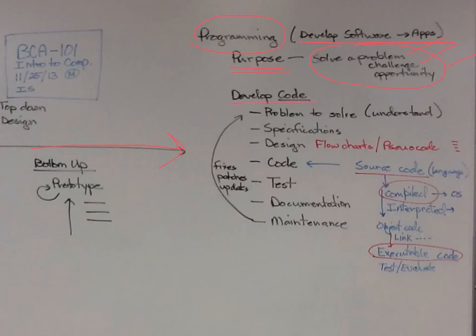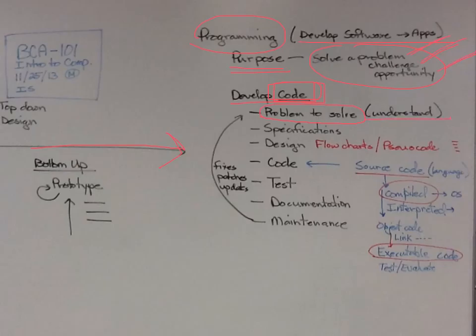So we develop code. Code is what a human writes, and that code then is, later on we're going to talk about, converted into something the computer can use.